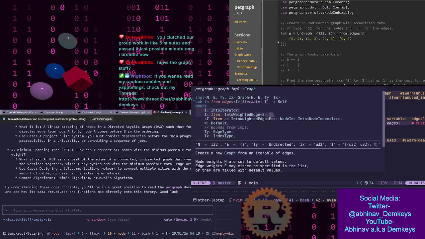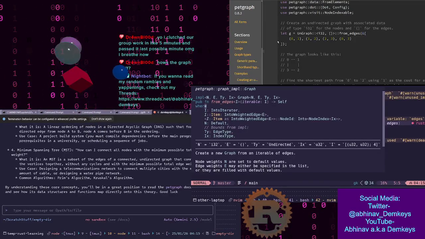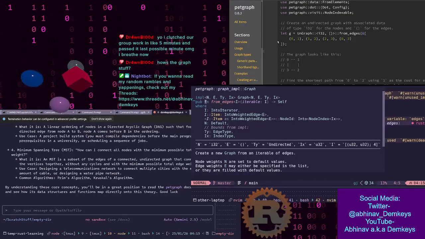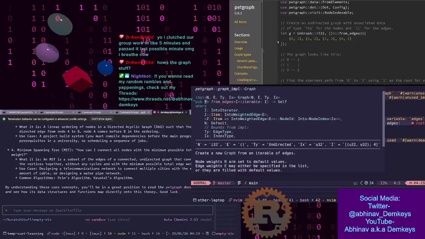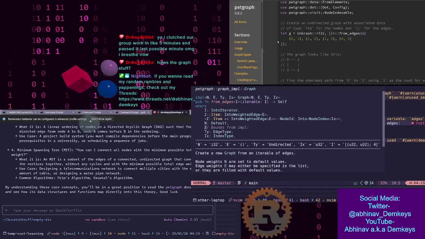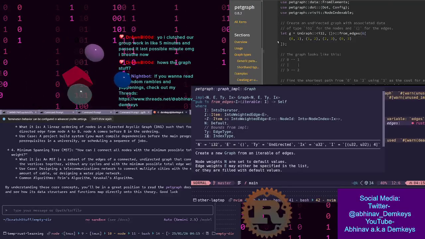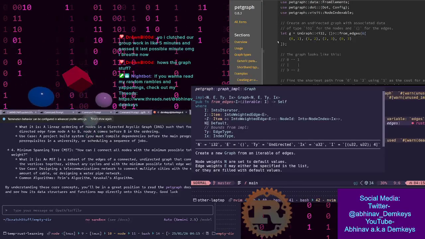Okay. Anyways, from edges. Okay. Ty is edge type. Ix is index type. These are bounds from impl. Okay. N default.